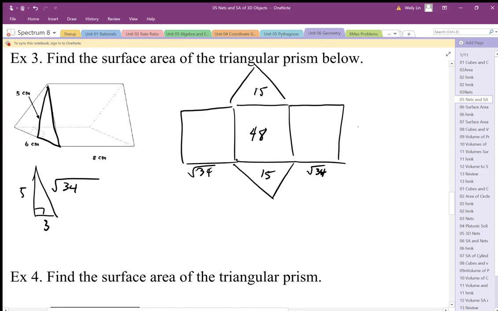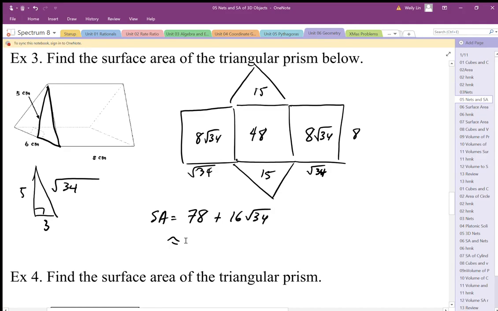Okay, and that's going to be 8 wide. So these two surfaces end up being 8 square root 34, 8 square root 34. And when I add that all up, I can add these are my ones, so 30, 78. So the surface area is 78 plus 8 plus 8 is 16, root 34.